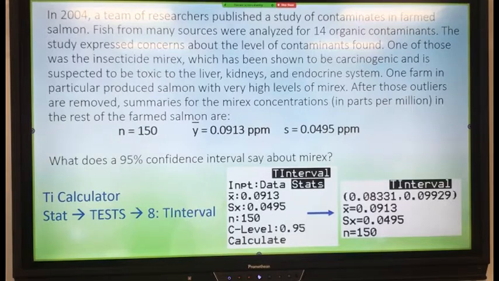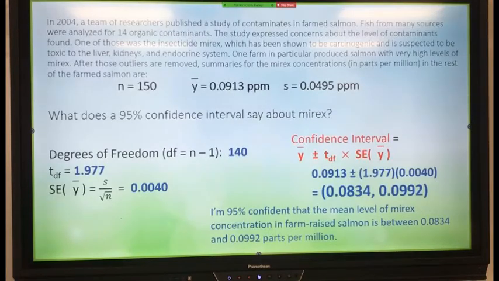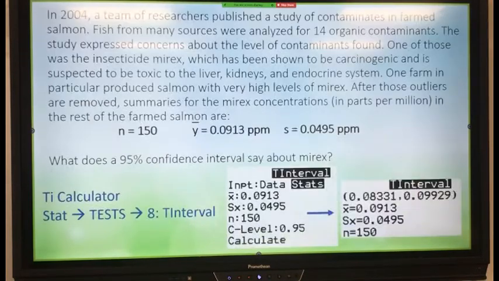And there we go. Got roughly the same values. Again, it's not going to be exact because the calculator can't go all the way to infinity. It's going to be off by a thousandth of a number or 2. So there's our confidence interval. Same thing we got, right? More or less. Close enough for stats.